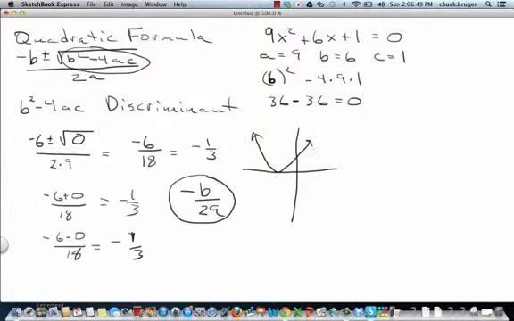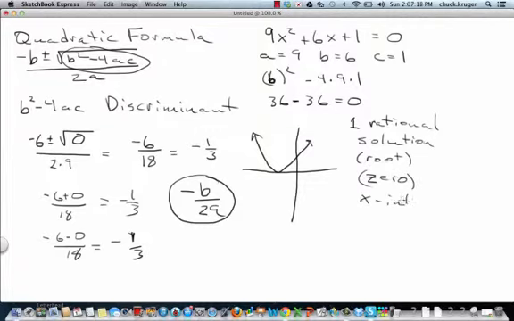So we say we have one root. What type of root, or one solution? We have one rational solution. And remember, the words root, or zero, or x-intercept mean the same thing.